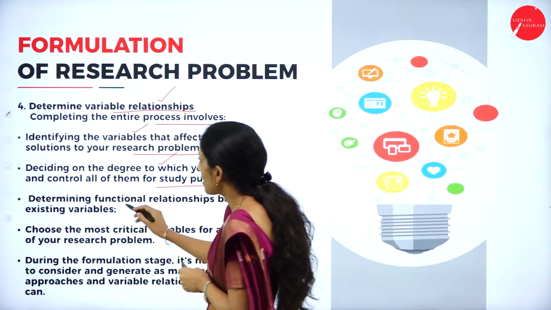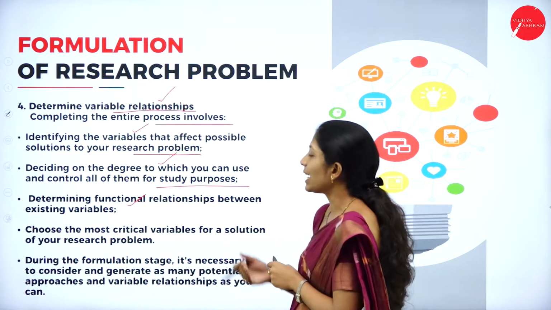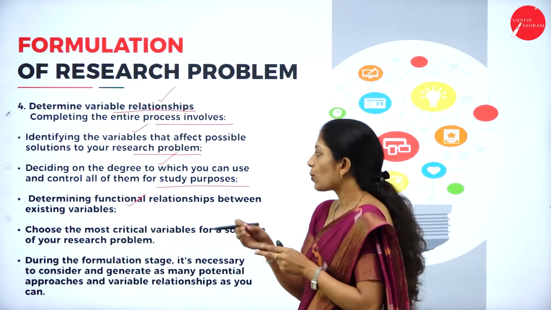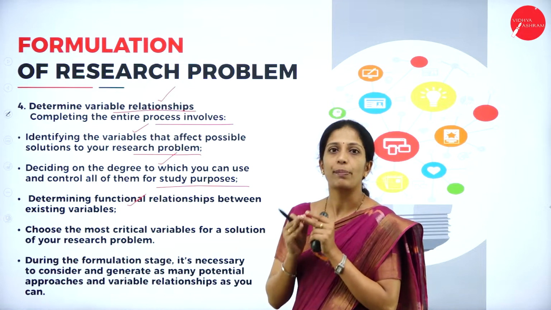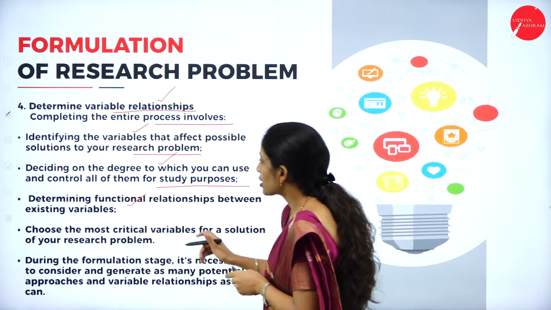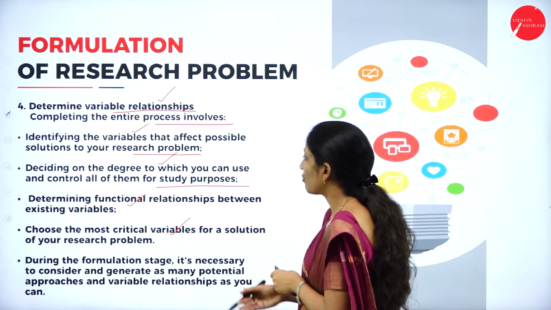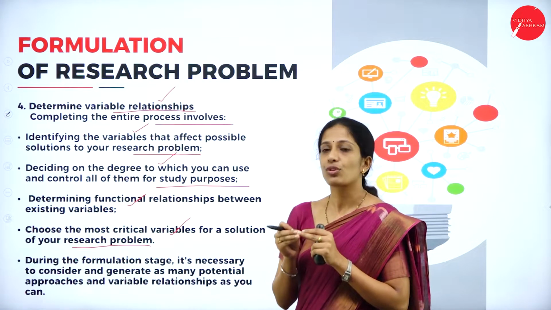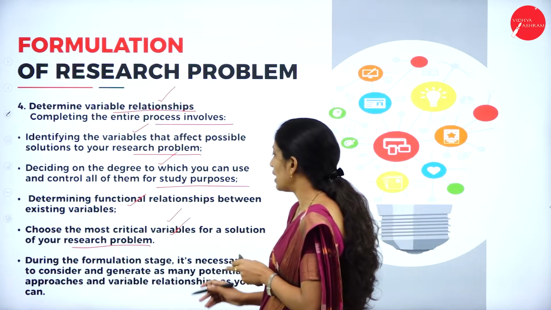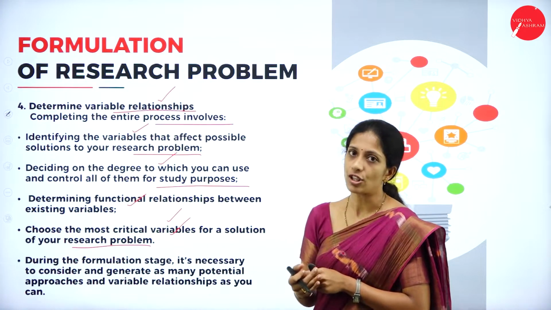Next one is determining functional relationship between the existing variables. What are the functional relationships each and every variable has on a particular problem? Next, choose the most critical variable for the solution of your research problem.